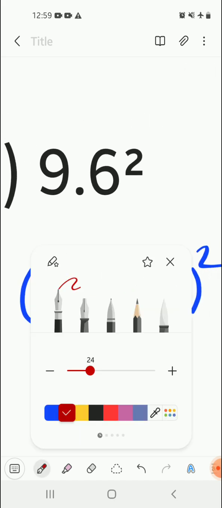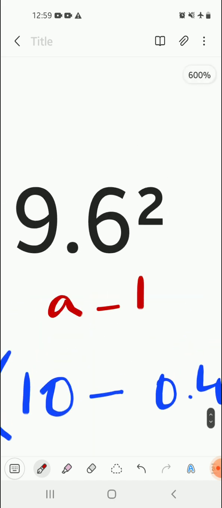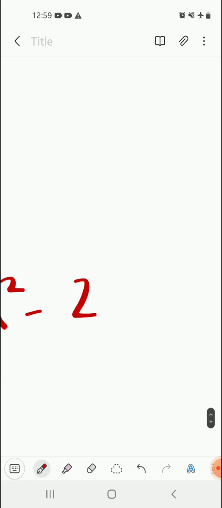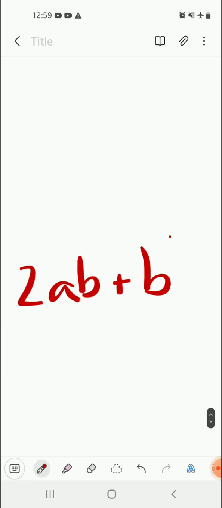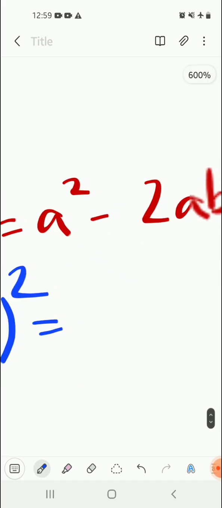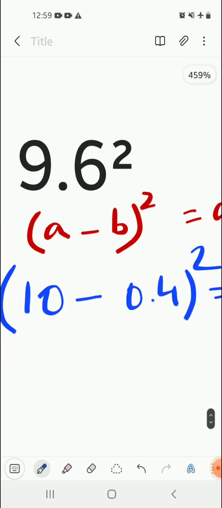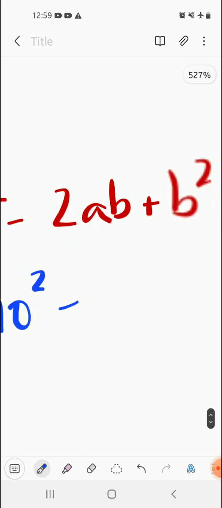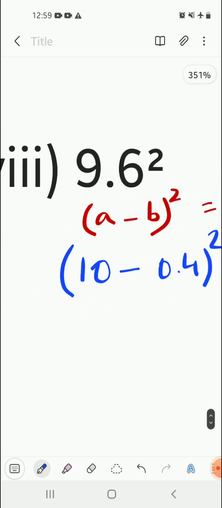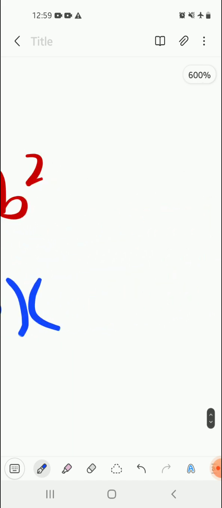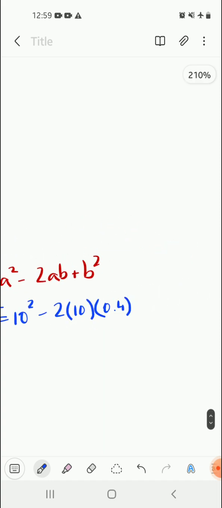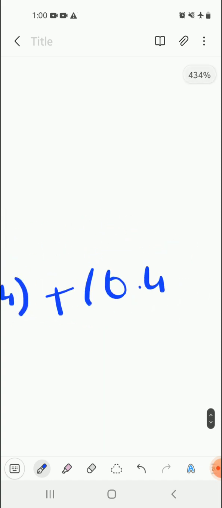So this resembles the identity a minus b whole square, which is a square minus 2ab plus b square. So we're going to write it in this manner. A square is 10 square minus 2a, that is 10, and b, that is 0.4, plus b square, that is 0.4 square.